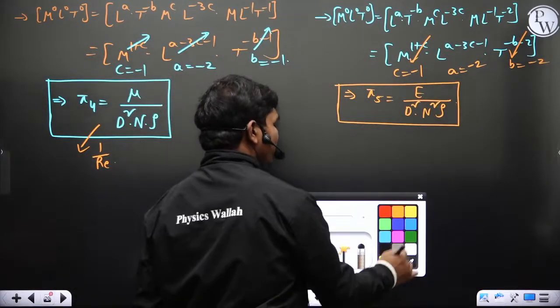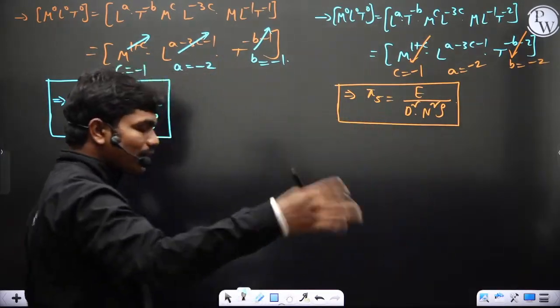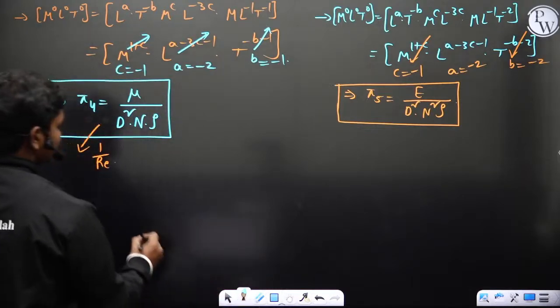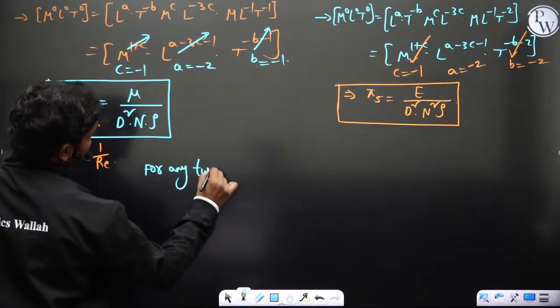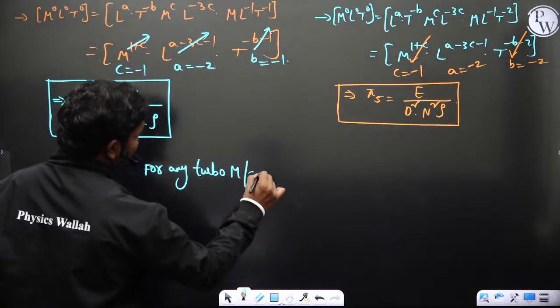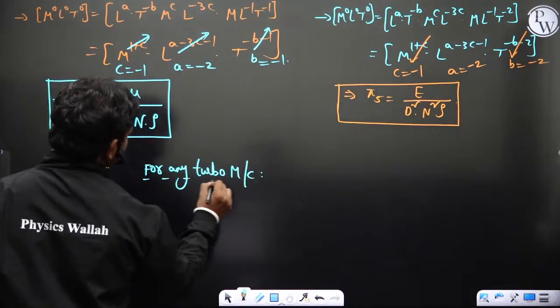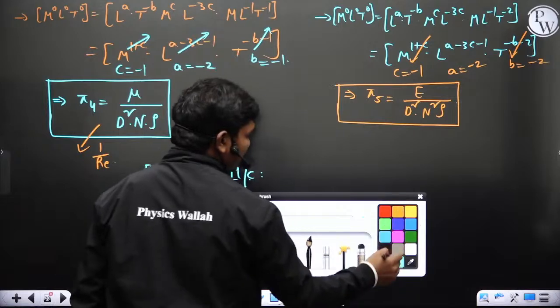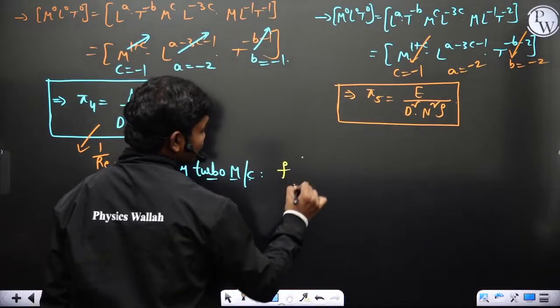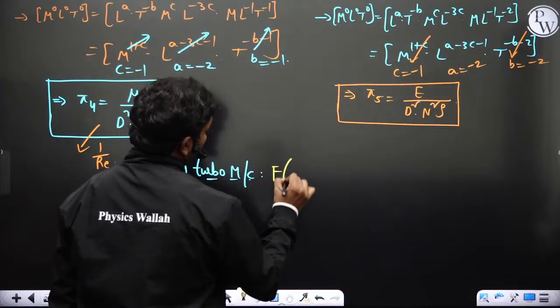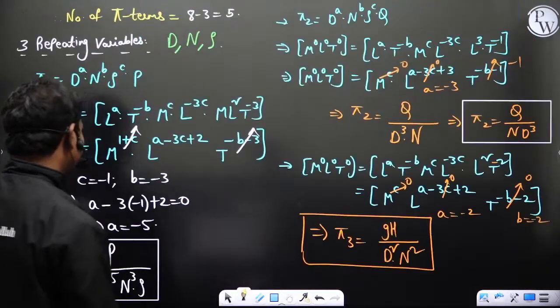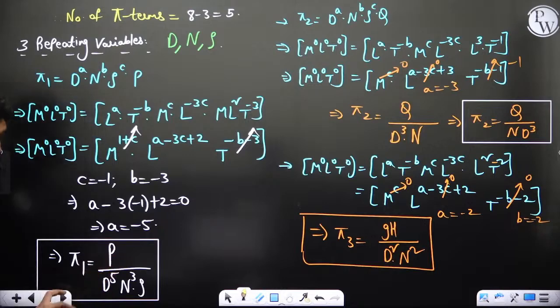So therefore for any turbo machine, it may be fan, compressor, turbine, whatever, for any machine, when you want to model the things, what you should do is make sure these dimensionless numbers satisfy some function, maybe let us say capital F of pi 1. What is pi 1? So let's check. Pi 1 is P by rho n cube d power 5.